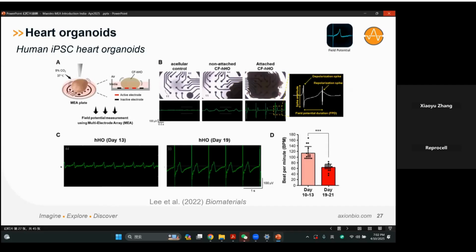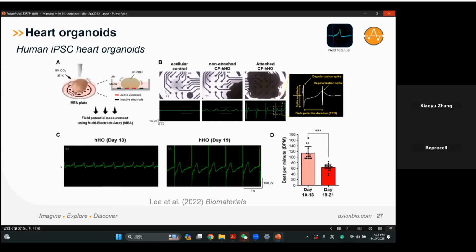Then the organoid activity was recorded at day 13 and day 19. From the data, they found that the changes in the beating time and the amplitude of the field potential are similar to the increase in the amplitude of the action potential reported in the maturation of cardiomyocytes.